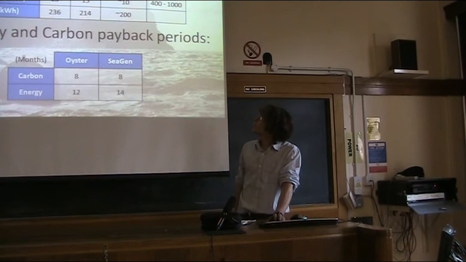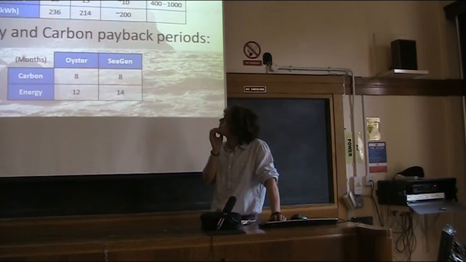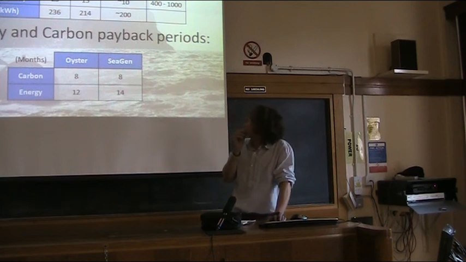So comparing the Oyster wave results that I got to the CGen results from the previous study, using the data that they generated, which is in terms of energy and carbon intensities at the top here, you can see the Oyster and the CGen device are fairly close together and roughly comparable to wind turbine figures.